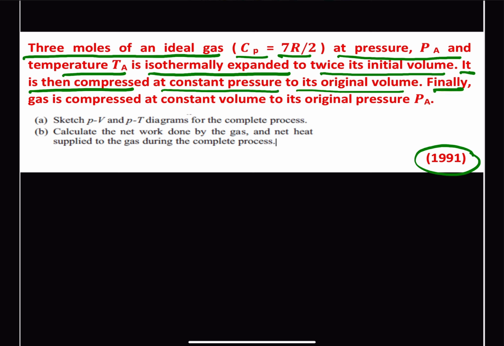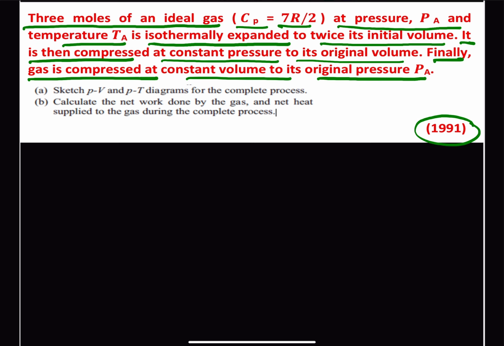Finally, gas is compressed at a constant volume to its original pressure Pa. Then, based on this, we are having 2 questions. Sketch PV and PT diagrams for the complete process. Calculate the net work done by the gas and net heat supplied to the gas during the complete process.